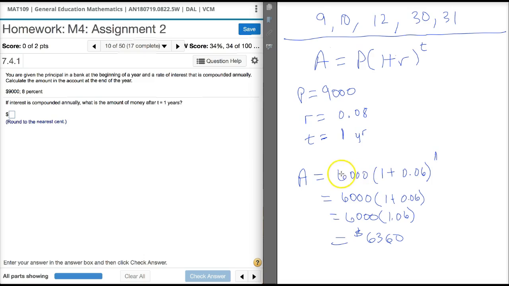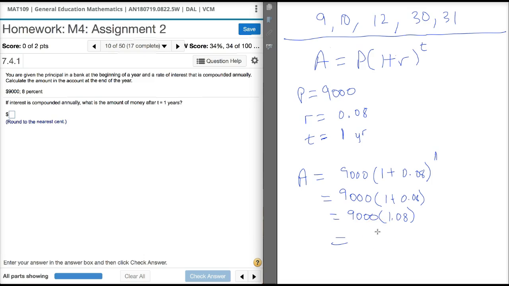So here, 9,000, 9,000, 9,000, 8%, 8%, 8%. All we need to do now is figure out what this new number will be.